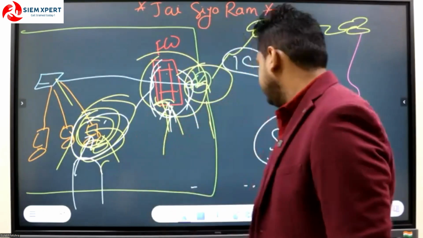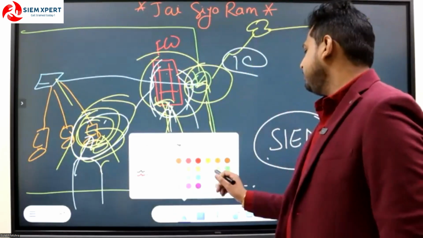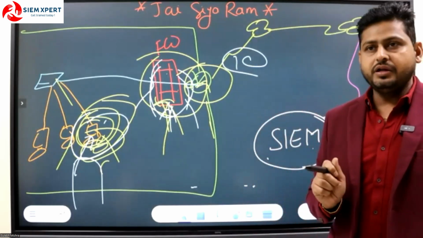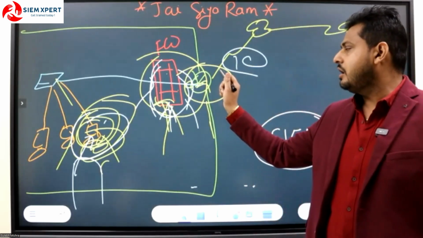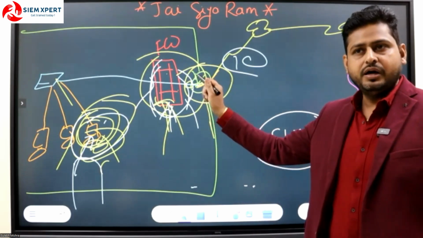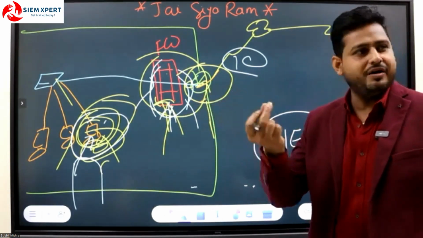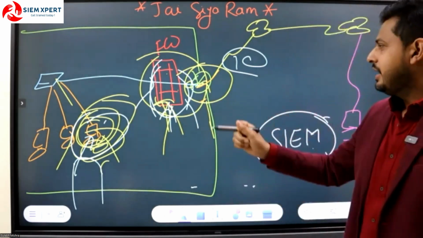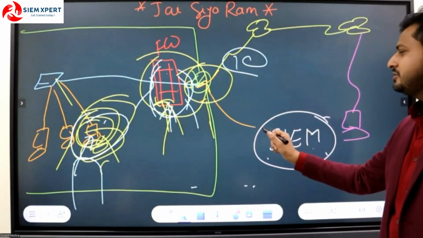What happens is, the SIM can collect the real-time logs. Real-time means as soon as a connection hits the router, it will record the activities in the form of logs, generate the logs, and at the same time forward the logs to the SIM.